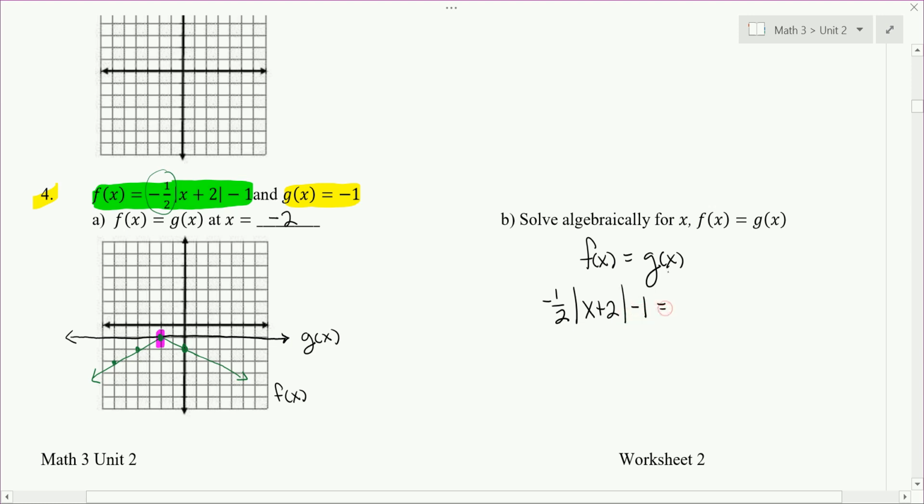And that's equal to g of x. G of x is negative 1. When solving this, I'm going to first get that absolute value of x plus 2 by itself. So I need to get rid of the negative 1 on the left side and the negative 1/2 on the left side. I start by adding 1 to both sides of the equation.